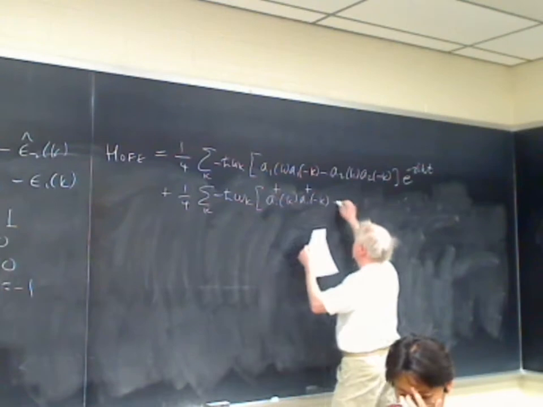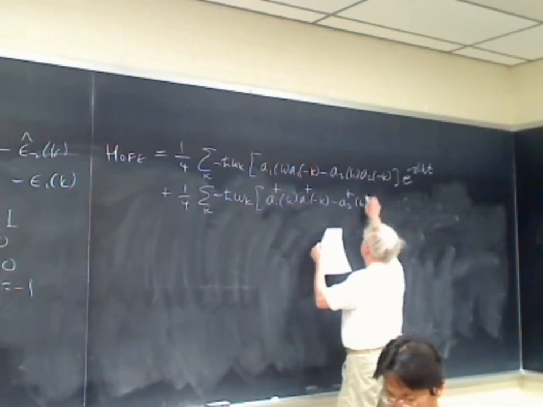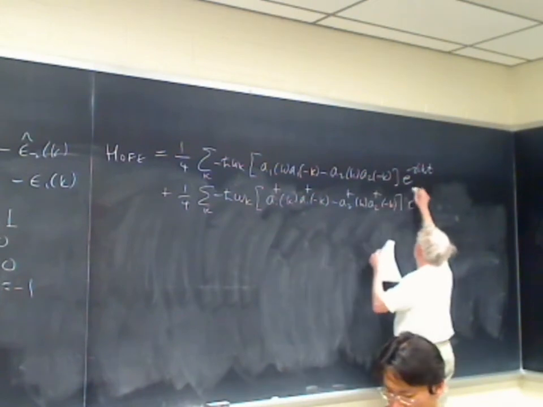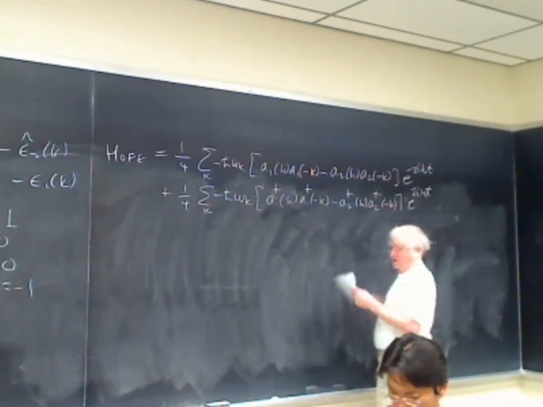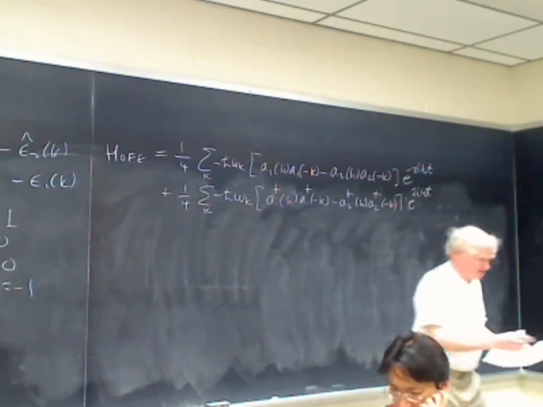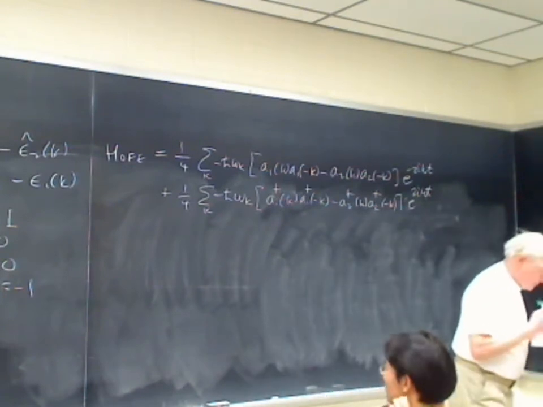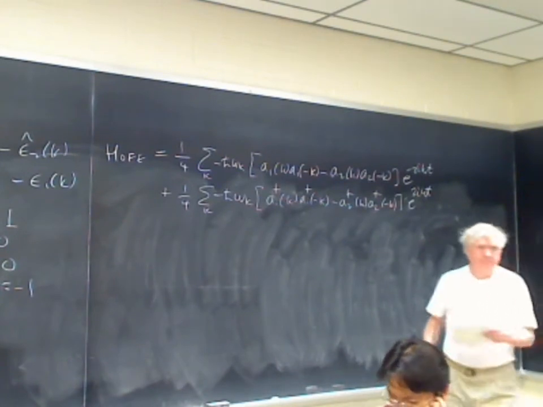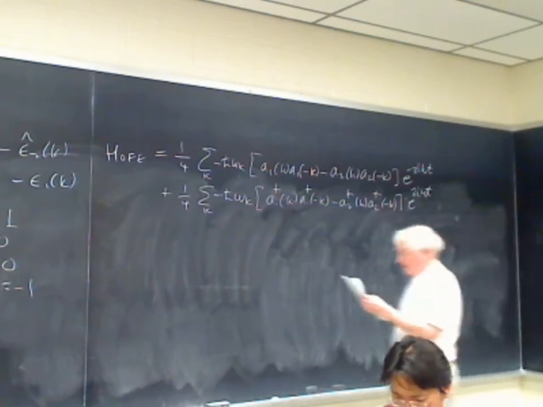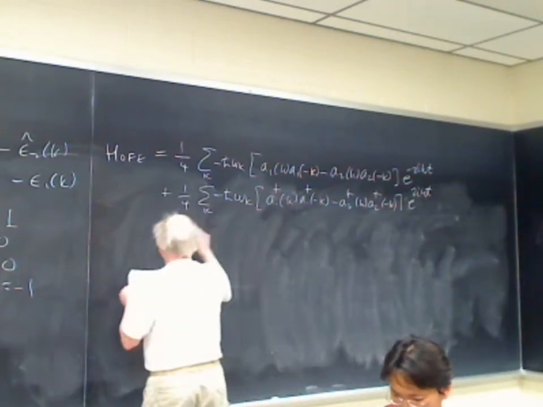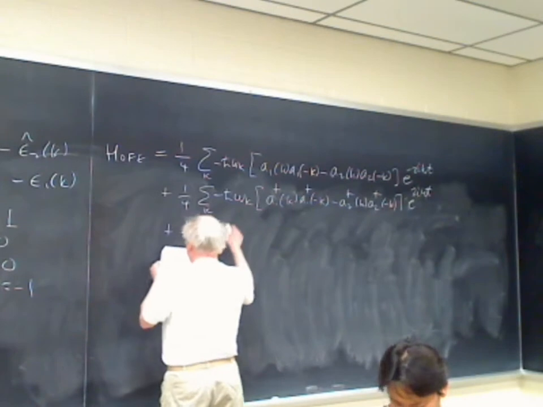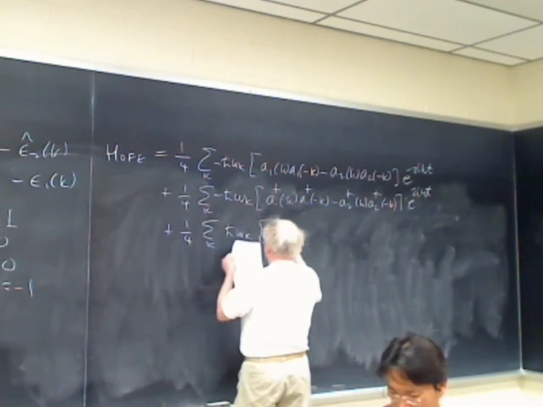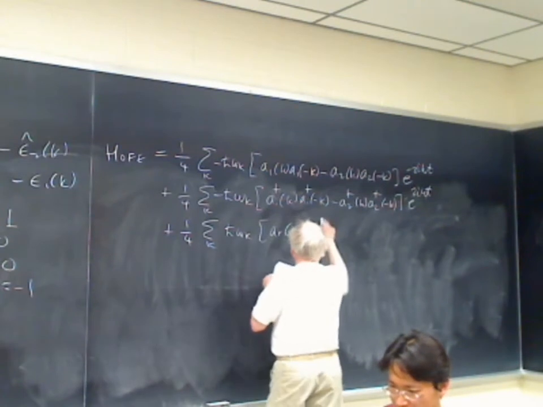Big typo. Okay, and then the last term, of course, is the term we like, sum on k, h bar omega k, and this one hasn't changed at all, a of k, a dagger of k.